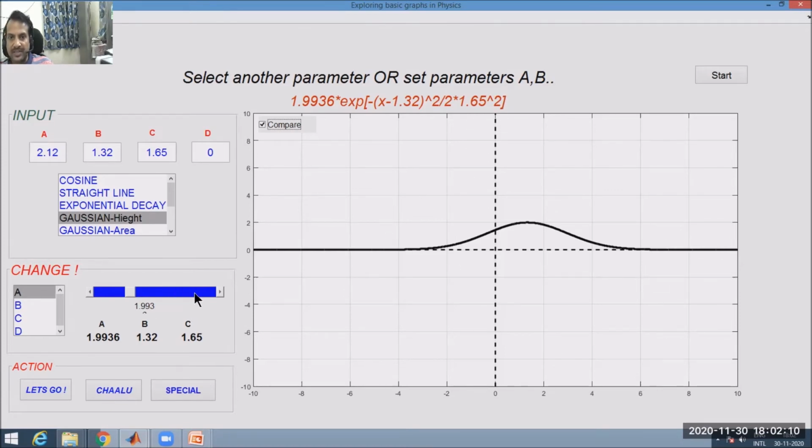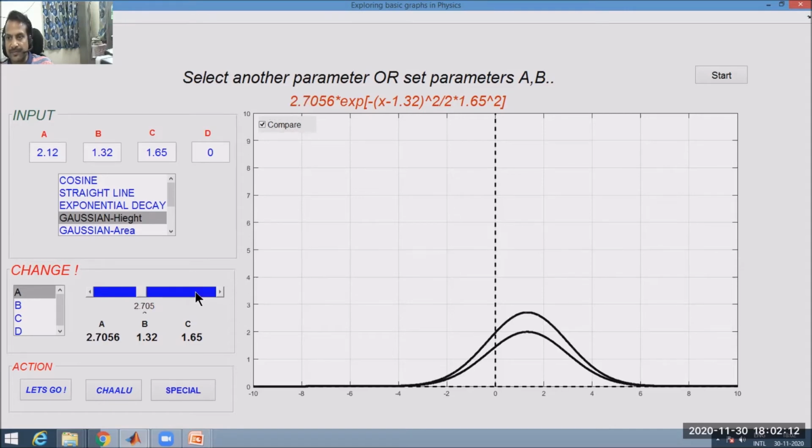Now let us increase this parameter A. This is with 2.7.